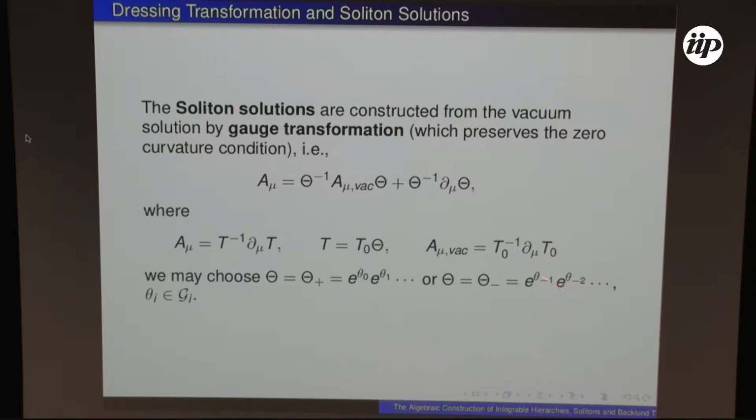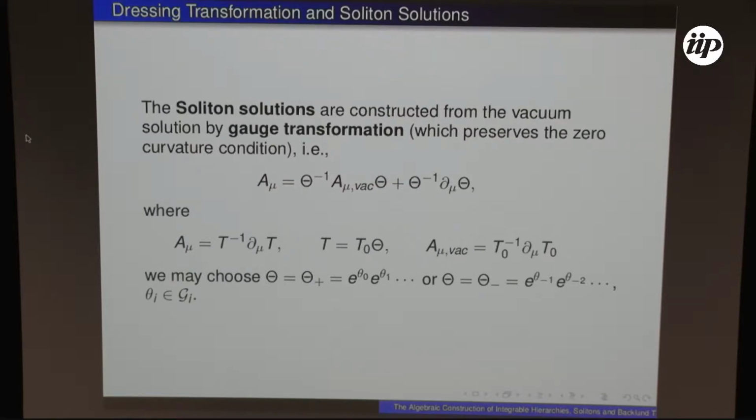The same works equally well if you take your theta minus as a product of negative grade generators, and you plug it into this equation, and then you solve grade by grade. You can solve for the small thetas. So you can construct two gauge transformations that map your vacuum solution into a non-trivial solution.